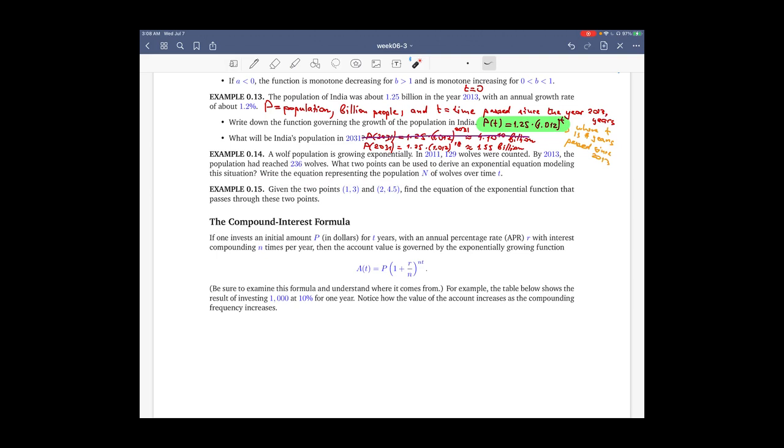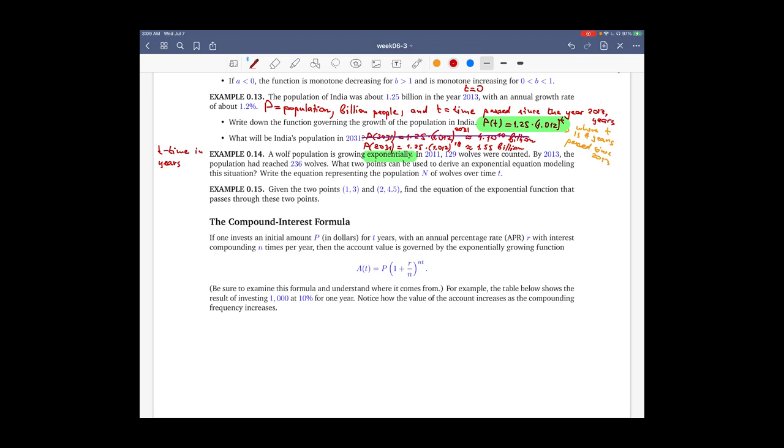Again, it is very important to keep in mind that we already know that the population grows exponentially. So let us again introduce some notation. Let's say t is time in years, and let's measure time since 2011.